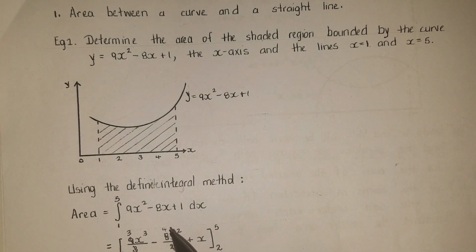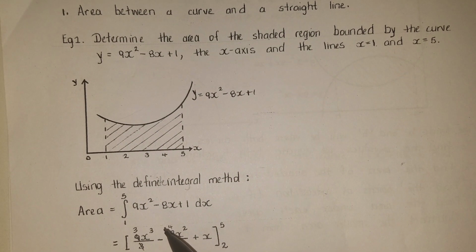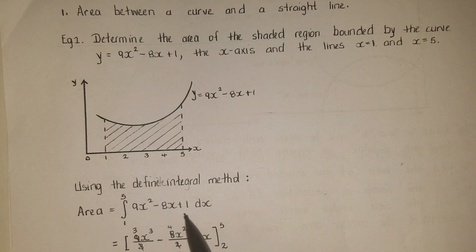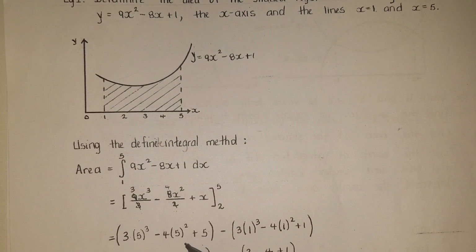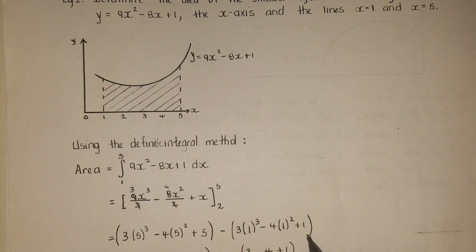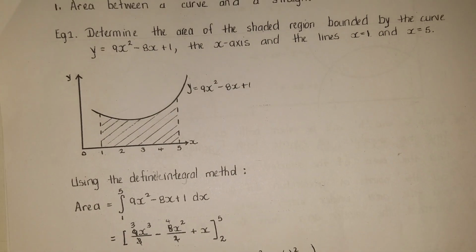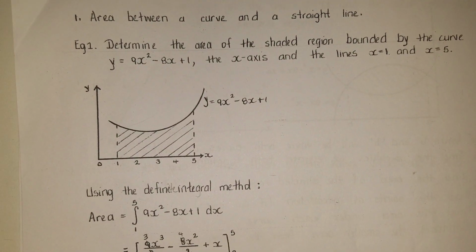So now, with definite integral, if you recall, we will integrate the function, and the answer that we get, we're going to plug the upper limit in the first bracket, subtract sign, then the lower limit in the second bracket. So let's go ahead and see what this area yields.